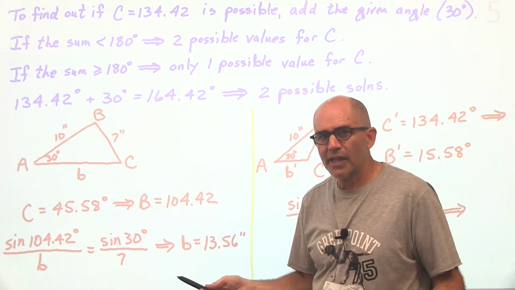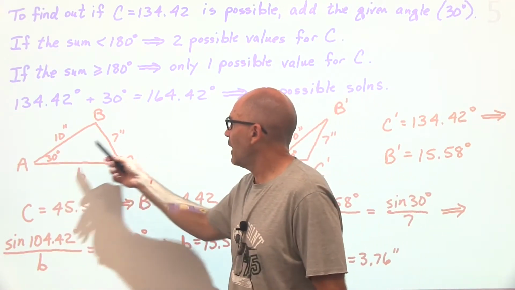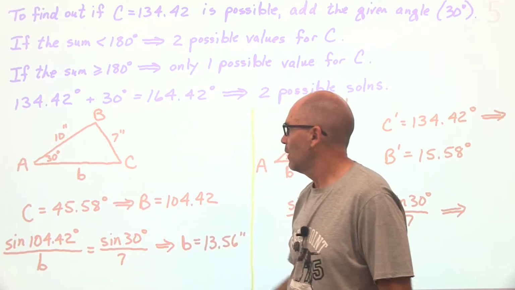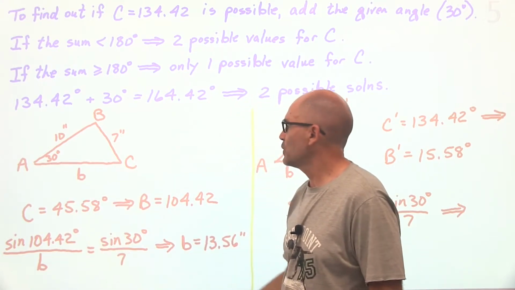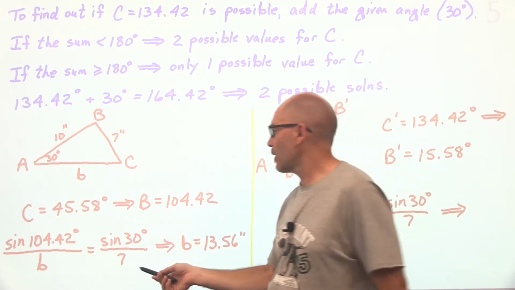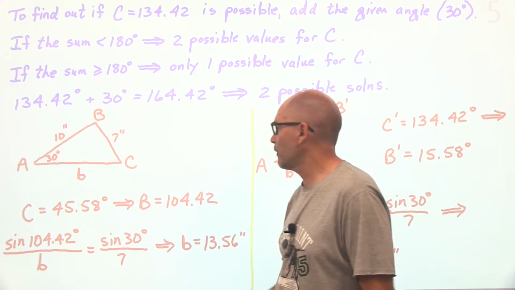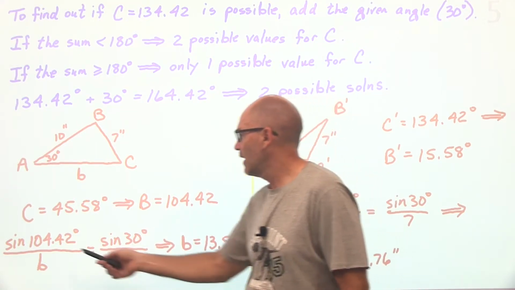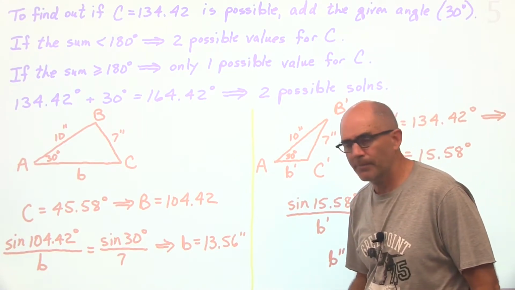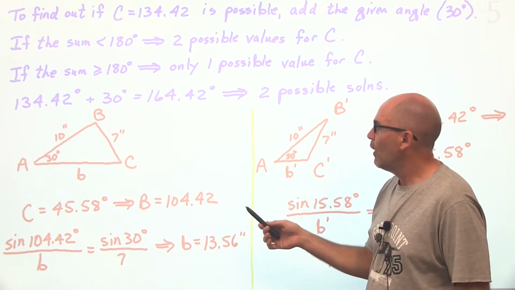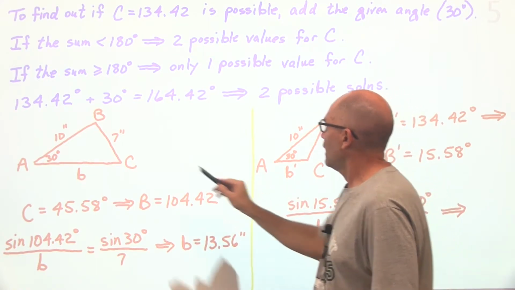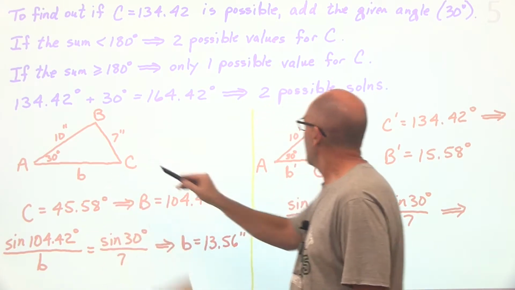Now we're back to law of sines, because we have an angle and its opposite side, an angle, and we want to find its opposite side. So sine of 104.42 over B equals sine 30 over 7. Do your cross product. 7 times sine 104.42 divided by sine of 30 equals B, which is going to be 13.56 inches.